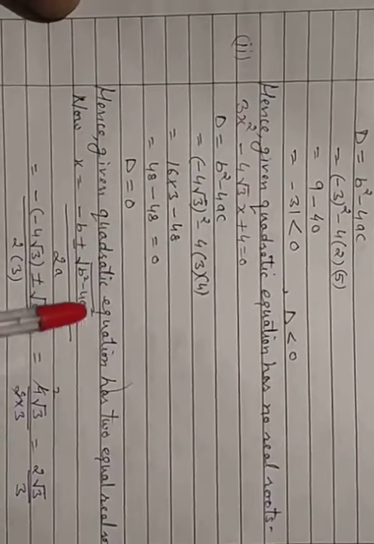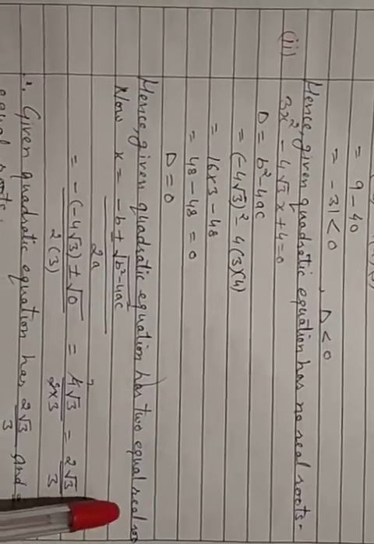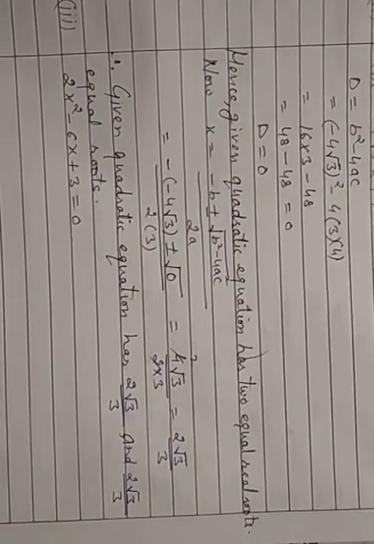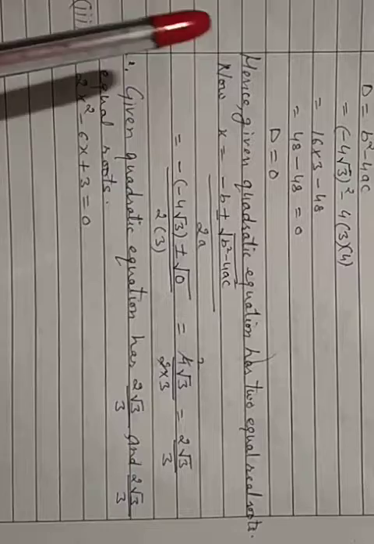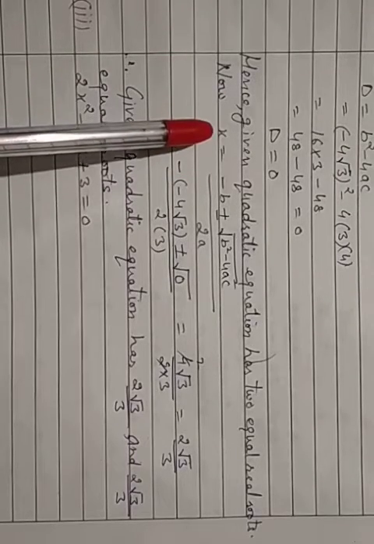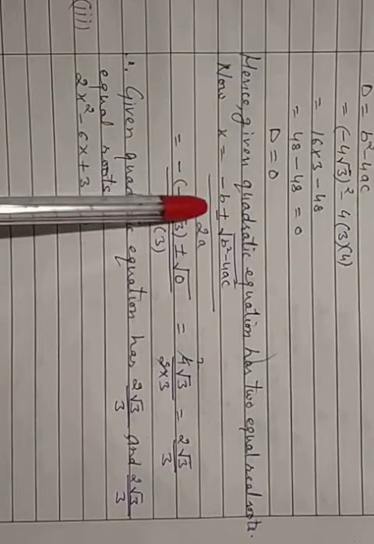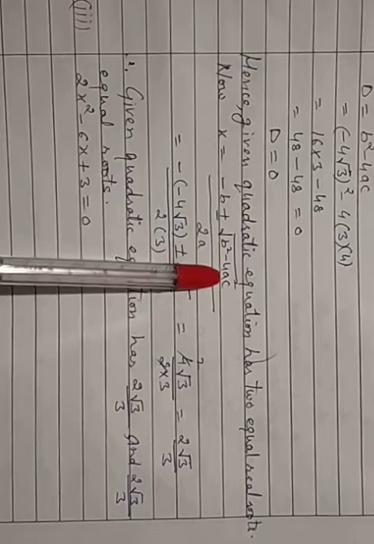Hence, the given quadratic equation has two equal roots. We know if the D is equal to 0, then there are two equal roots. If the roots exist, you have to find them. How do we find the real roots? By quadratic formula. Now x is equal to minus b plus minus under root b square minus 4ac upon 2a.